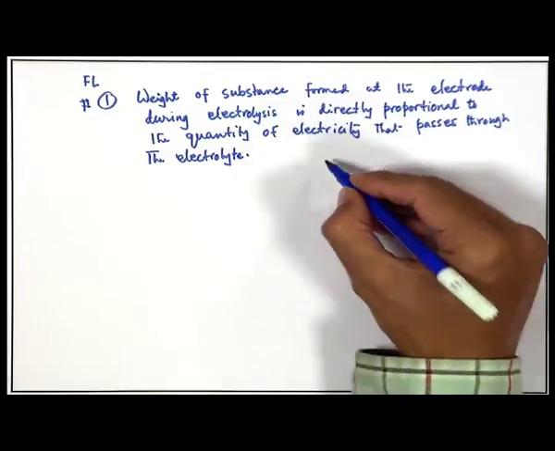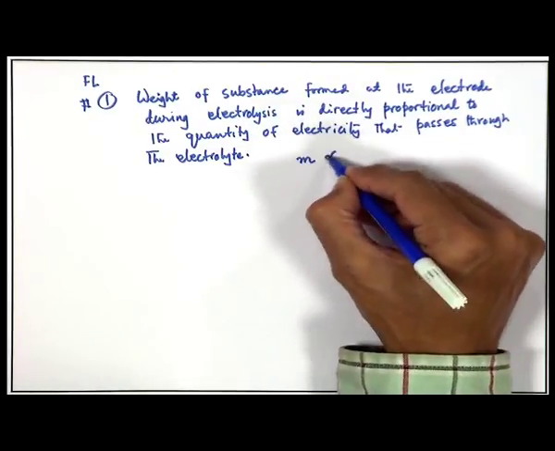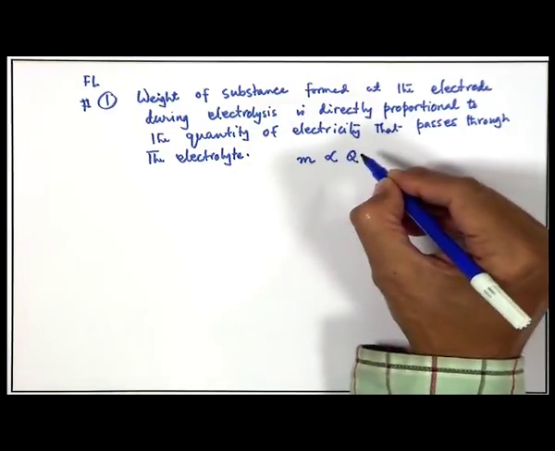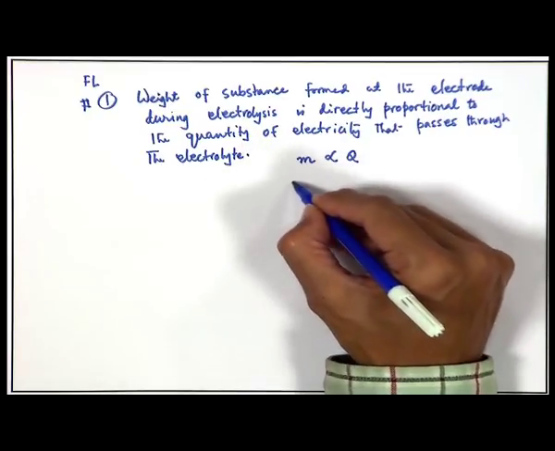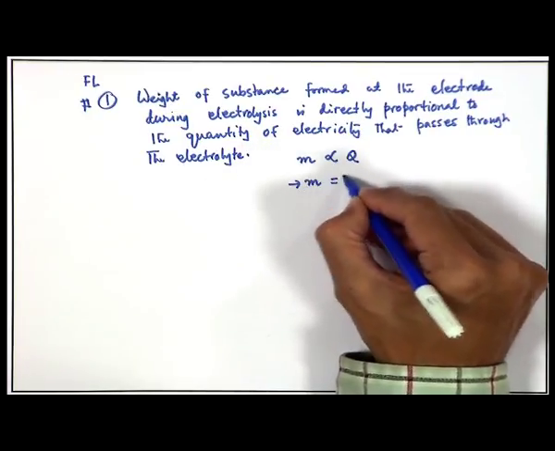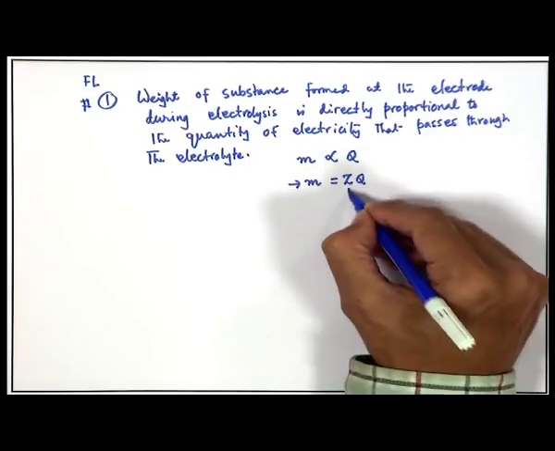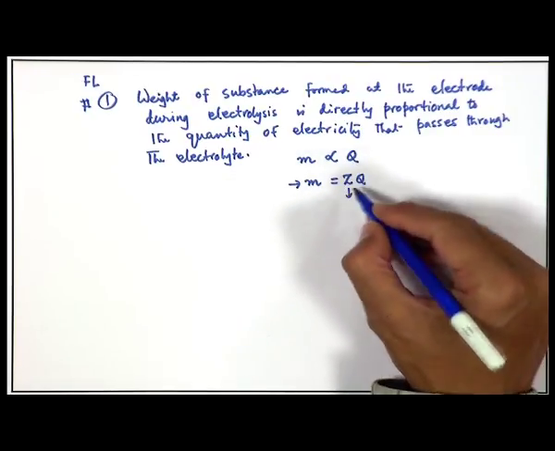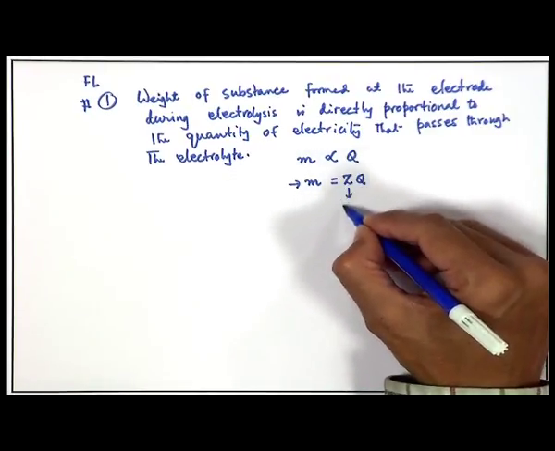So, mass is proportional to Q, or you can write mass is equal to Z into Q, where Z is the electrochemical equivalence.